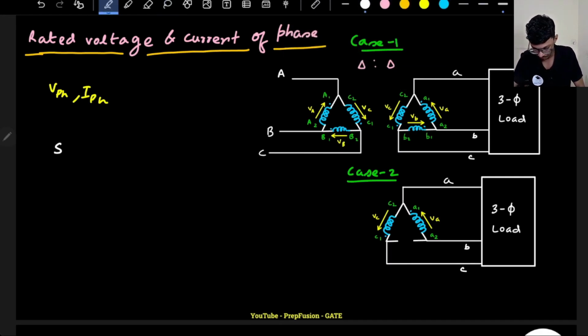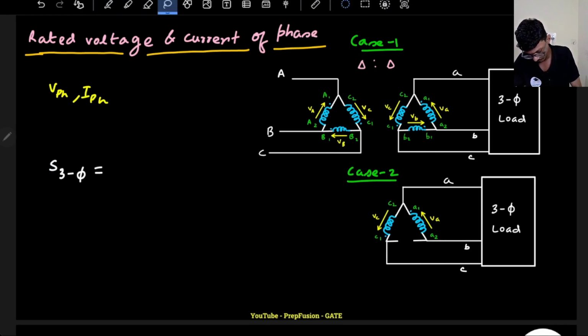So my S three phase will be equal to root 3 into VL IL, right?